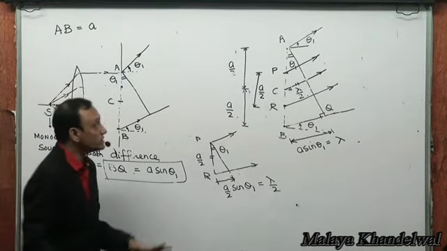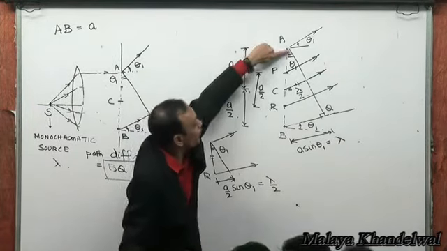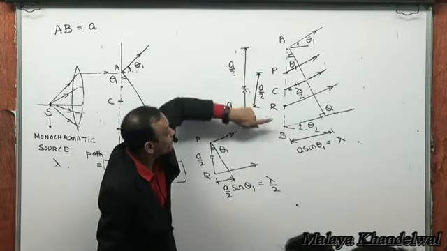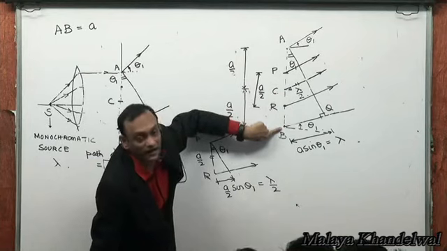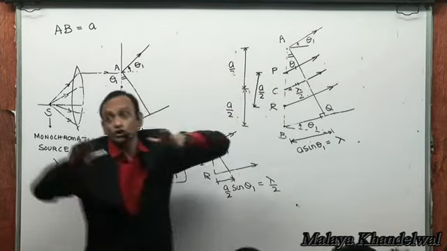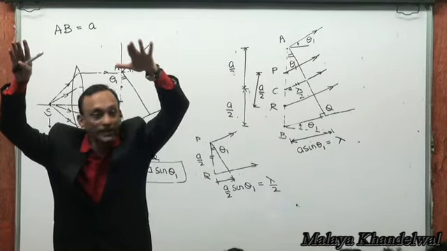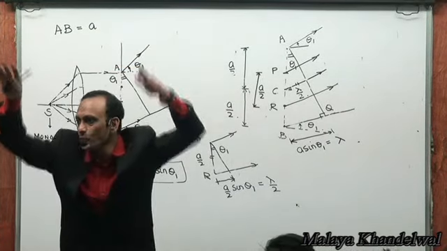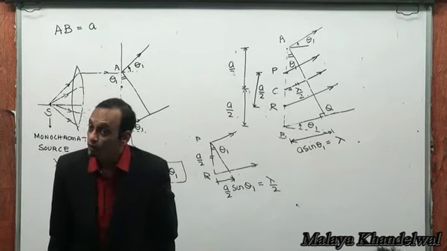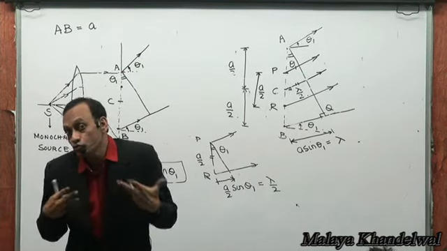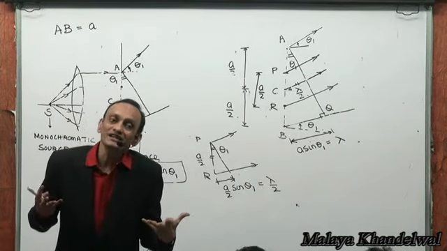Which means for every point between A and C, you can find a point R between B and C such that the path difference between these 2 points is lambda by 2. If the path difference is lambda by 2, the phase difference is pi. Yes or no?